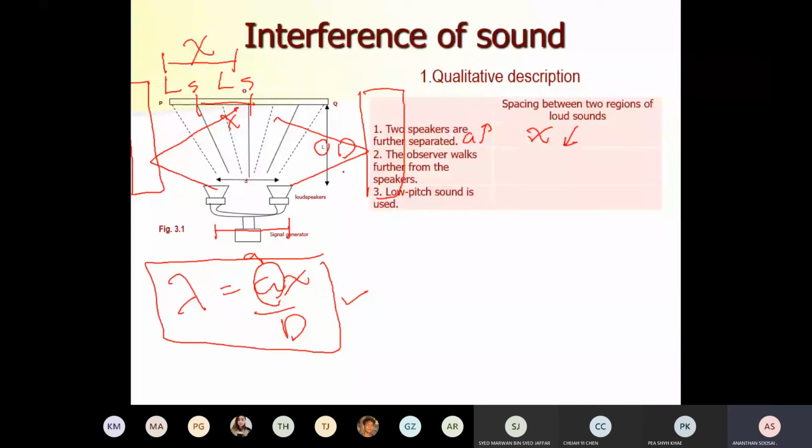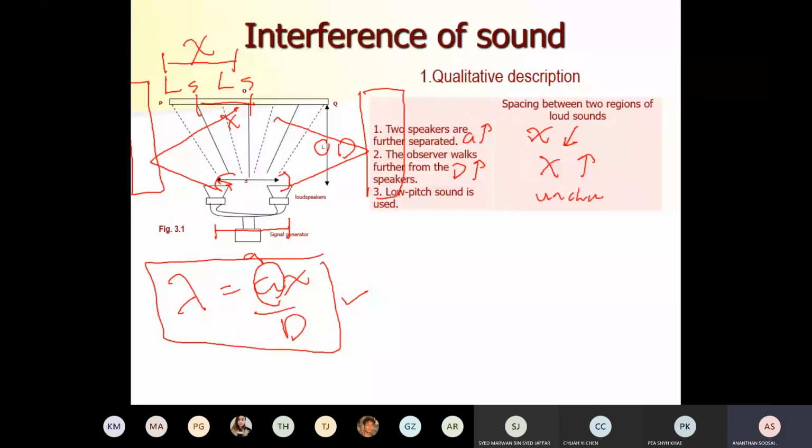That means D has increased, the screen is further away. When D increases, X also increases. Good. Low pitch sound is used. What happened to X? Low pitch sound means indirectly they are saying the amplitude coming from the sound is lower now. So what happened to X?